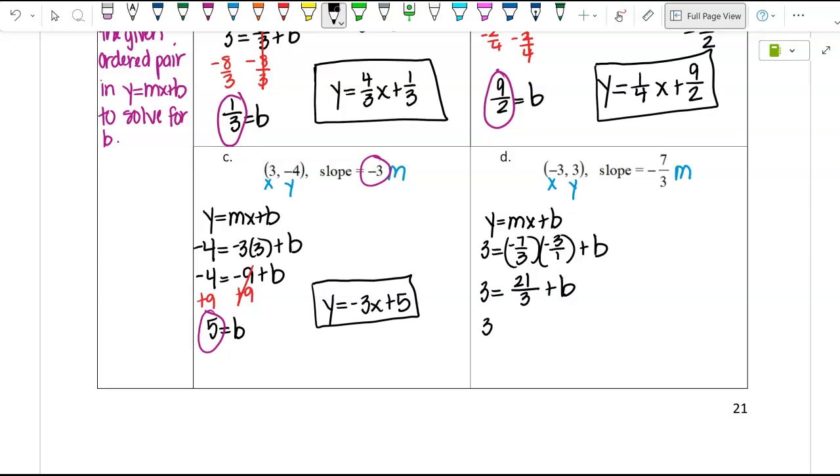So this is really 3 equals 7 plus b. Then I'm going to subtract 7 from both sides. So -4 equals b. So now I have my slope. I have my y-intercept. So y equals -7/3 x minus 4.